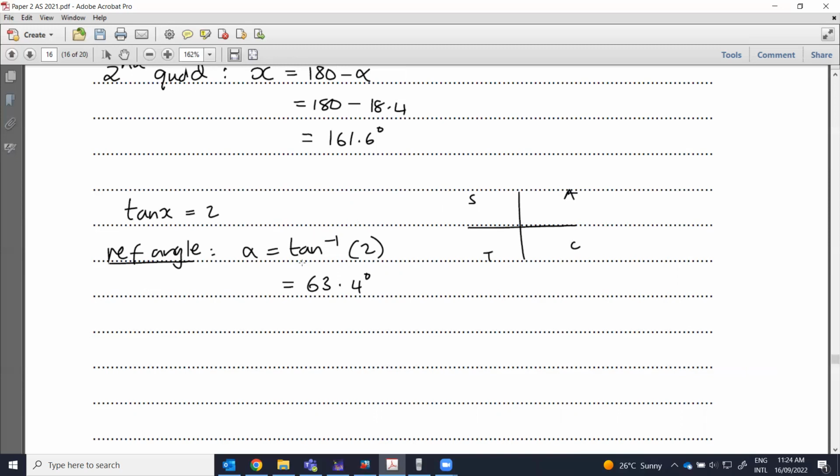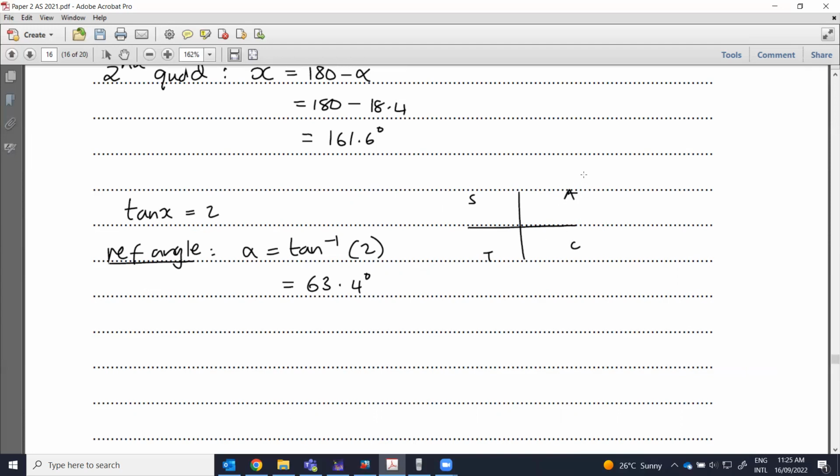CAST. And I look at this number on the right-hand side, it's positive. So I ask myself, in which quadrant is tan positive? It's positive in the first quadrant and in the third quadrant, but we cannot have our answer in the third quadrant. Why not? Because we're only interested in angles between 0 and 180. That's what the question says.